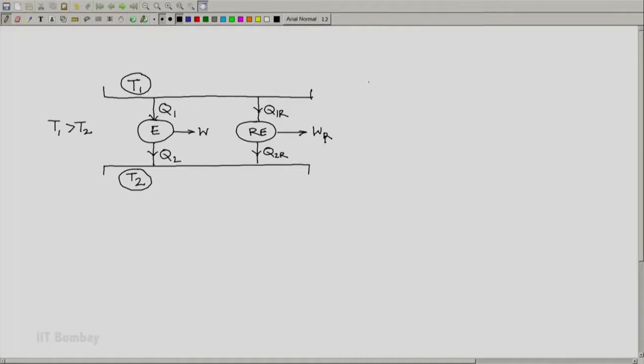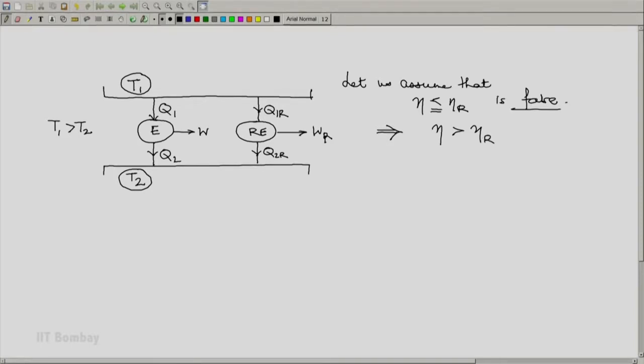So we will say that to prove Carnot theorem, let us assume that eta less than or equal to eta R is false. This implies that the efficiency of our engine E must be higher than the reversible engine. Now let us see the consequences of this. To see the consequence, we will adjust the two engines first in such a way that Q1R is Q1.